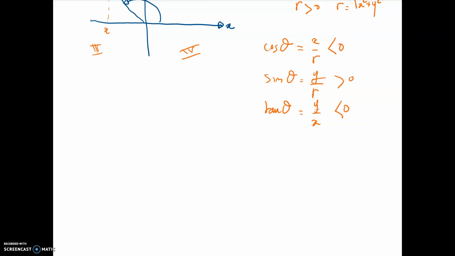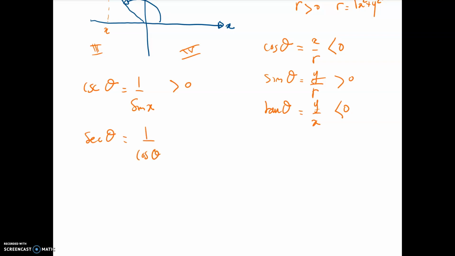What are all the others that I can work with? I could work with the cosec of the angle, which is 1 over the sinus of the angle. Because sinus is positive, 1 over sinus will be positive, so my cosec will be positive. On the other hand, sec of the angle theta is 1 over cosinus of the angle theta.